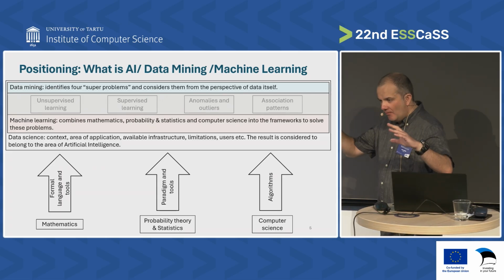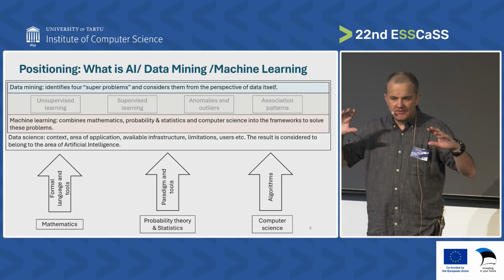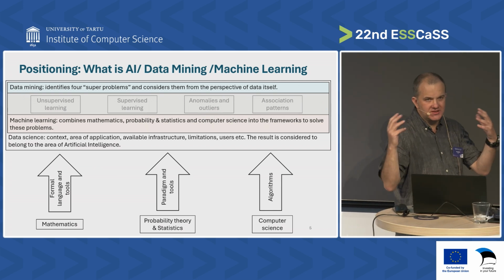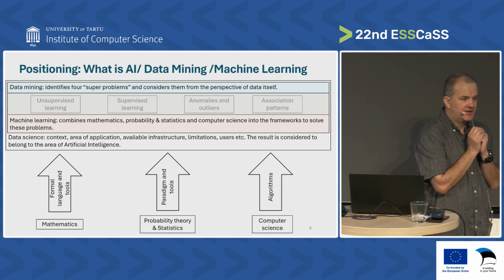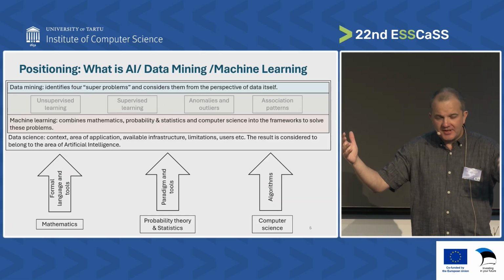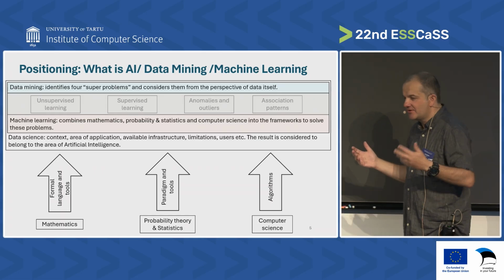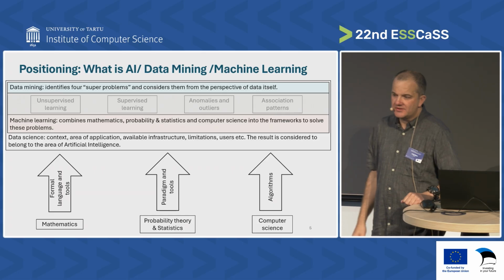But it's still more science than something which can give us some output to be used outside of a scientific lab. And here we talk about the data science perspective. So here we bring on board context, area of application, the infrastructure which we have, resources, limitations, for example law or ethics norms.